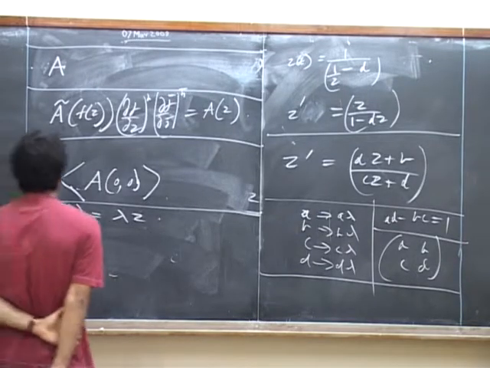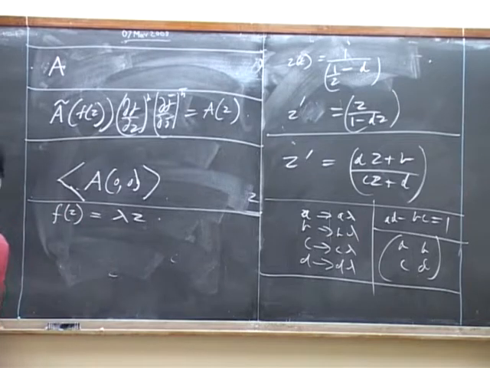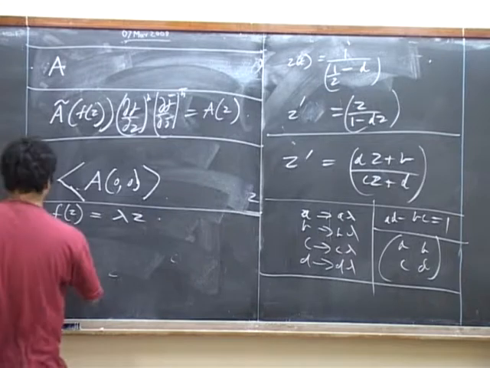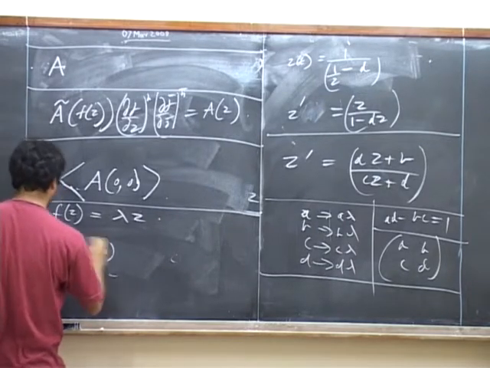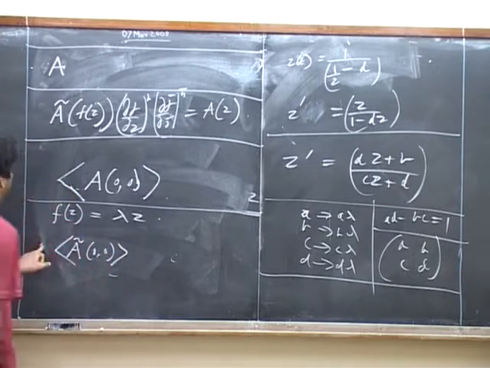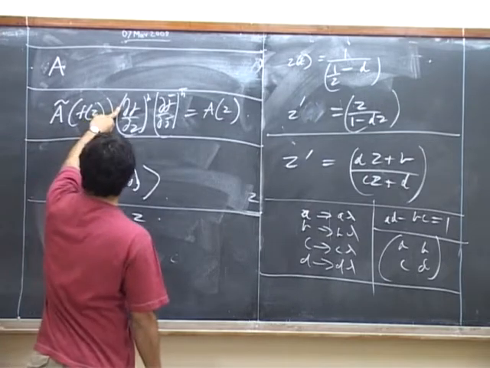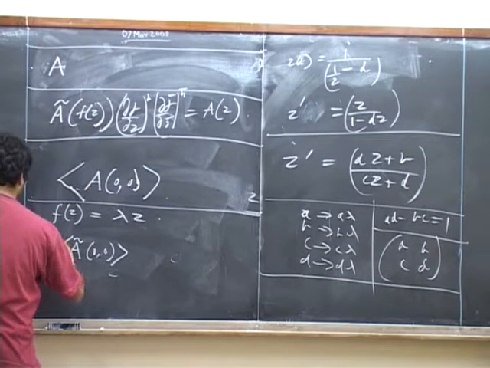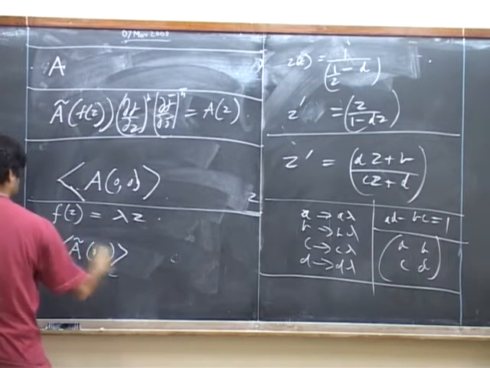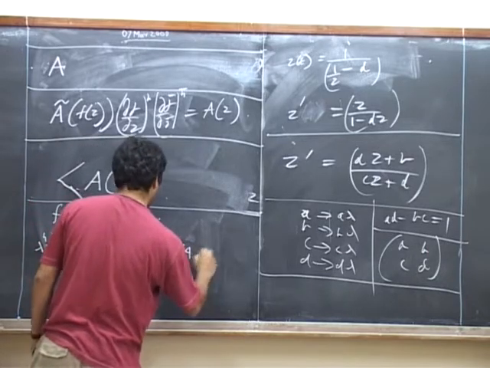So what do we get? We get that Ã(0,0) times ∂f/∂z, so that's λ^h λ̄^h̄, is equal to A.